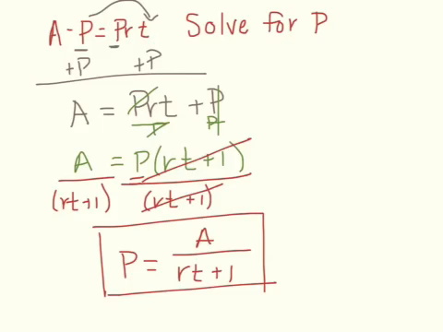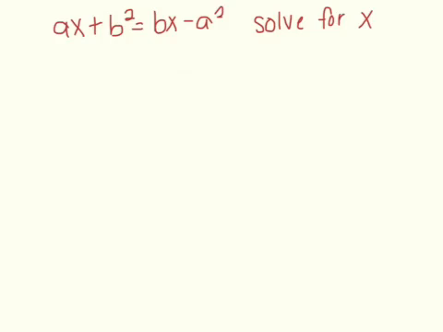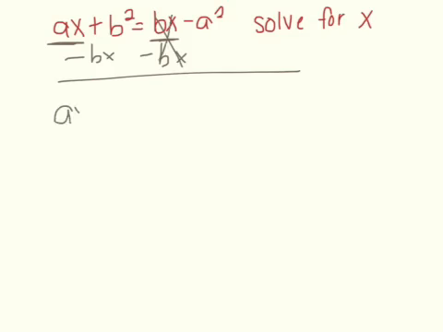Let's try one more. This time I'm going to solve for the letter X. Well, I have an X right here and an X right here. My goal is to get both of those X's on the same side, so I'm going to subtract a BX from both sides. That will cancel there, so I have an AX minus a BX plus a B squared equals negative A squared.